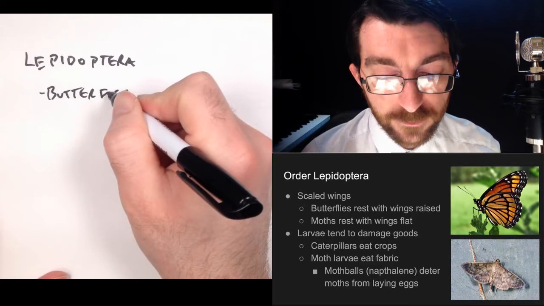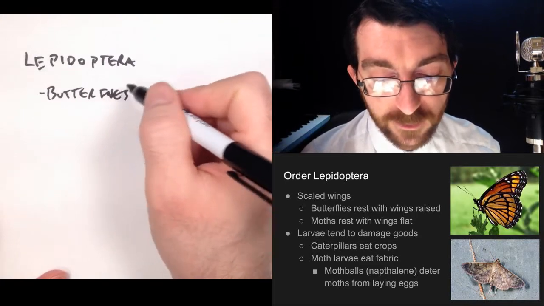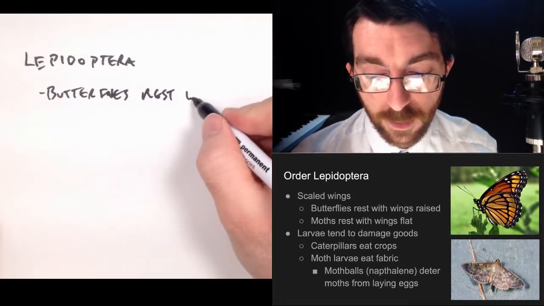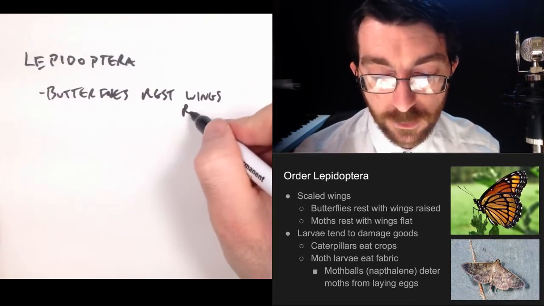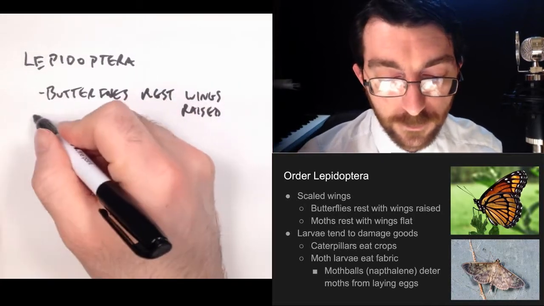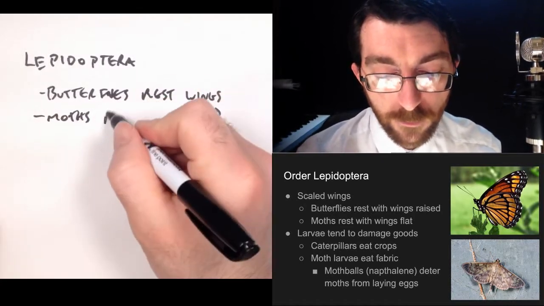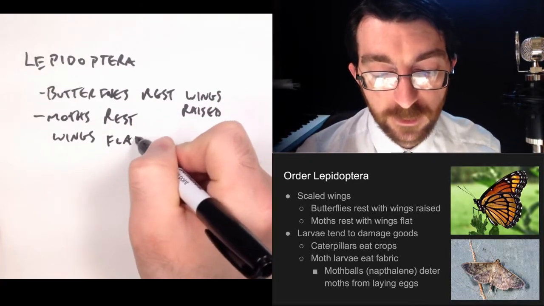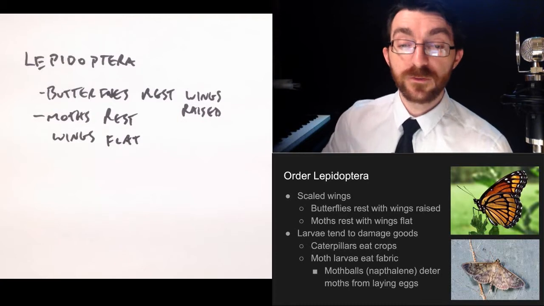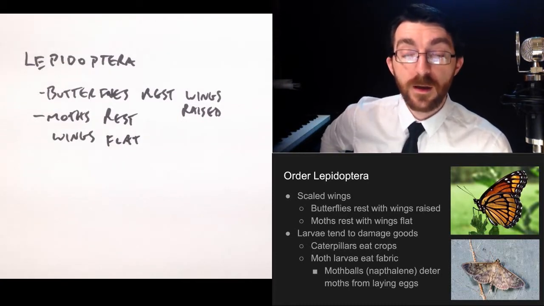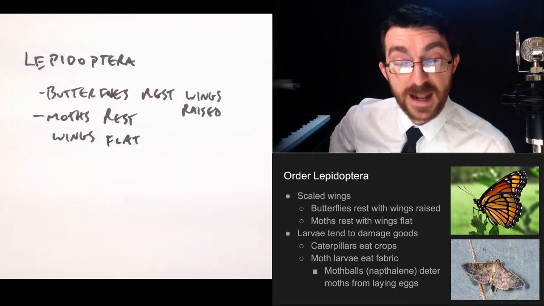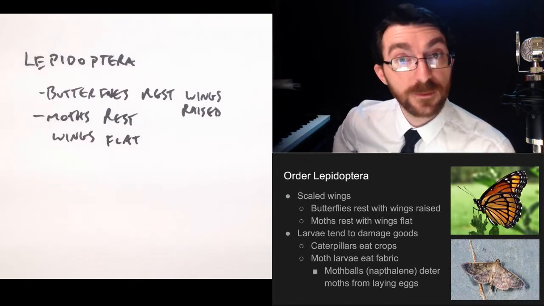So you see those pictures there, but that's worth writing down. Butterflies rest with wings raised. Moths rest with wings flat. This is generally how you can tell moths from butterflies. So the adult forms are kind of nice sometimes, but the larvae are almost always a headache. For example, caterpillars eat crops.